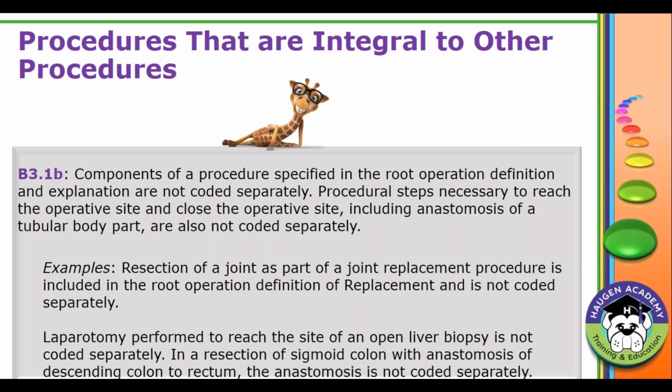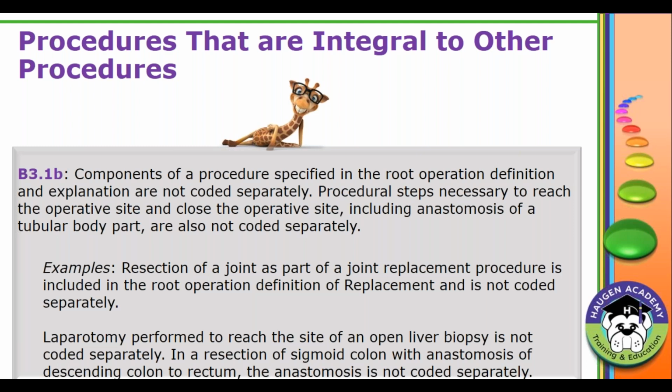And that actually, in that situation, is covered as part of the approach character. We also don't code anastomosis separately from a colon resection when the two are done at the same time.